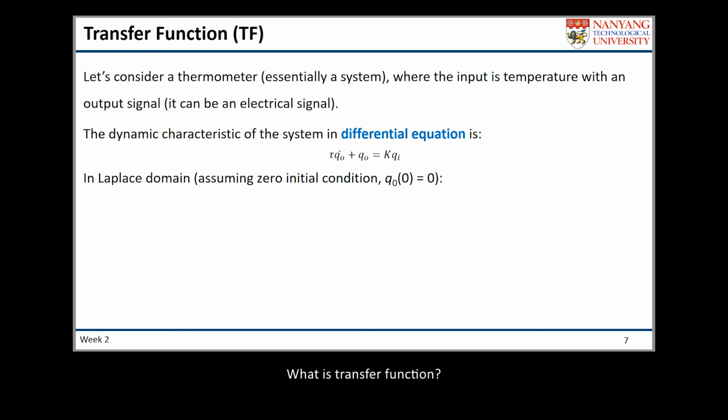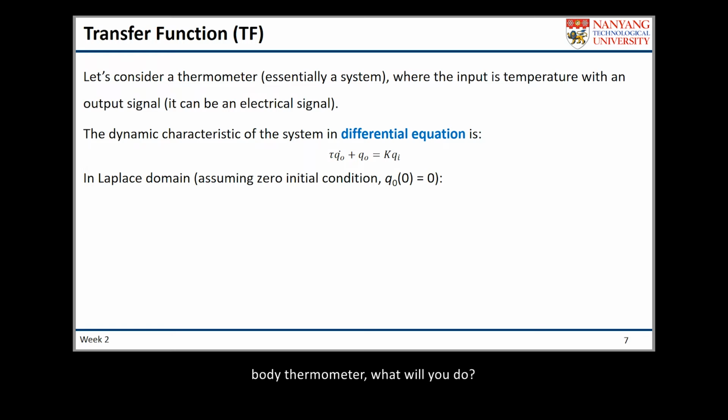What is a transfer function? The easiest way to describe it is by taking an example. Let's consider a thermometer, specifically a body thermometer, one that you use to measure your body temperature.